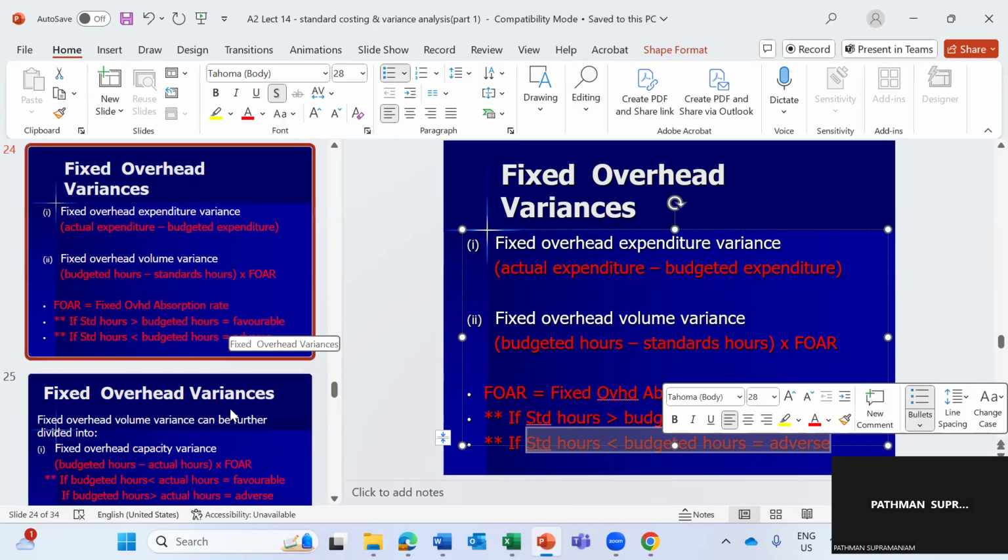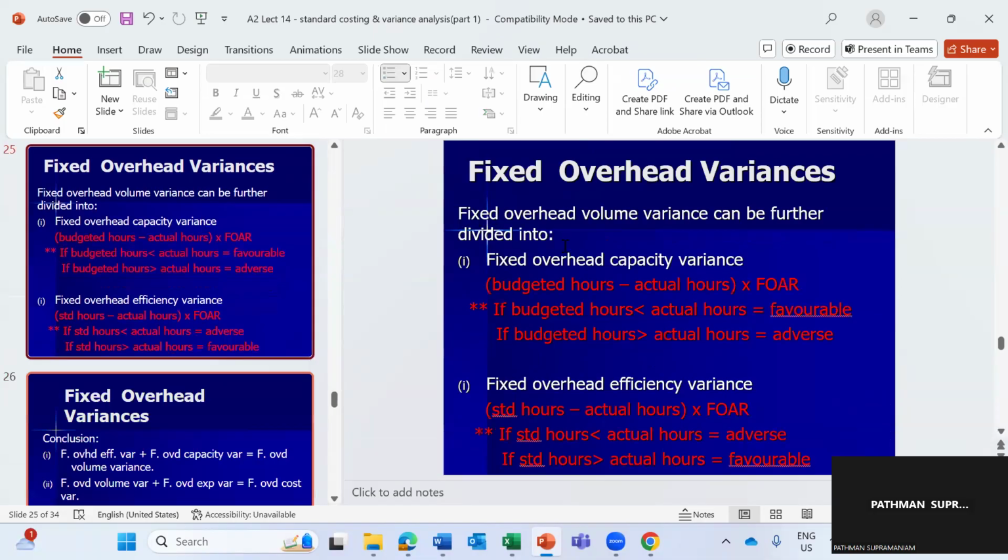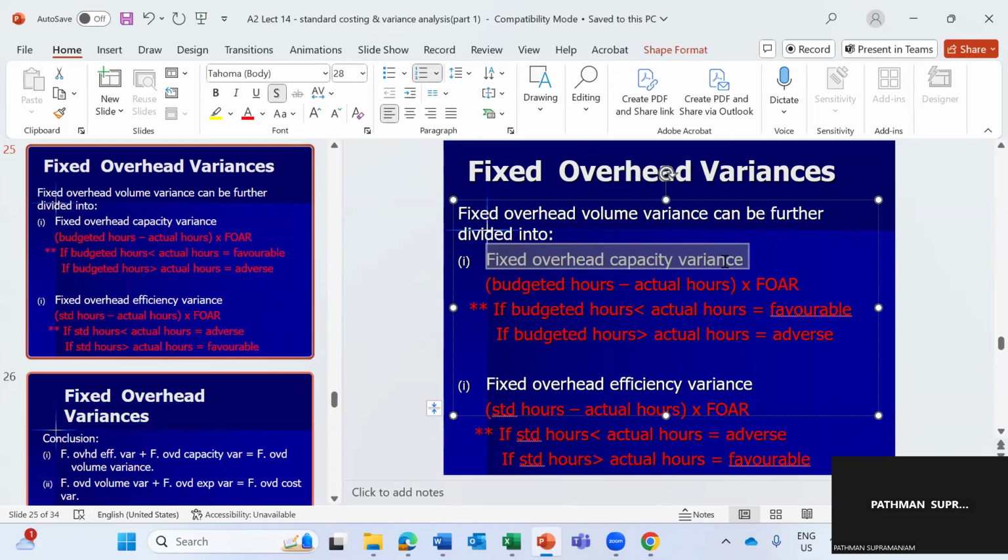Then we have just two more formulas. Fixed overhead capacity variance: budgeted hours minus actual hours times fixed overhead absorption rate.